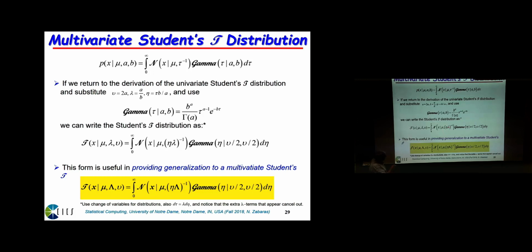Where here, instead of lambda, I'm going to put some precision matrix and a multivariate Gaussian, and there I keep the same univariate gamma distribution. So basically, I don't change anything here. I keep whatever it was there. The only difference is I go from a scalar Gaussian to a multivariate Gaussian, where I make mu a vector, and instead of scalar precision lambda, I use a matrix precision, because I'm making a multivariate Gaussian.